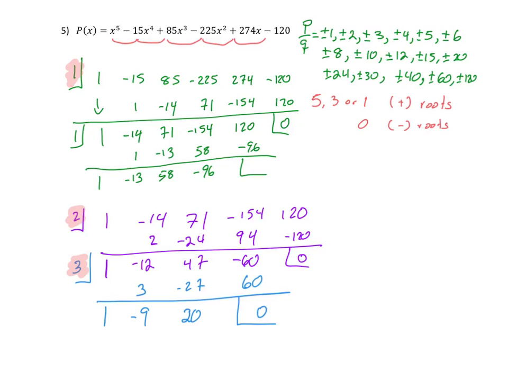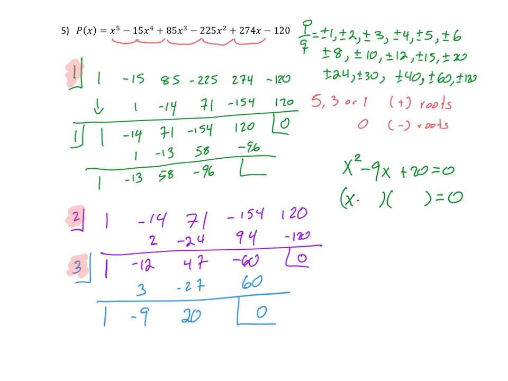So I reduced this 3 times, to x to the 4th, then x cubed, and now x squared. So my equation here is x squared minus 9x plus 20 equals 0. We can just factor that by finding 2 numbers that, when you multiply, give you 20, and when you add, give you negative 9.